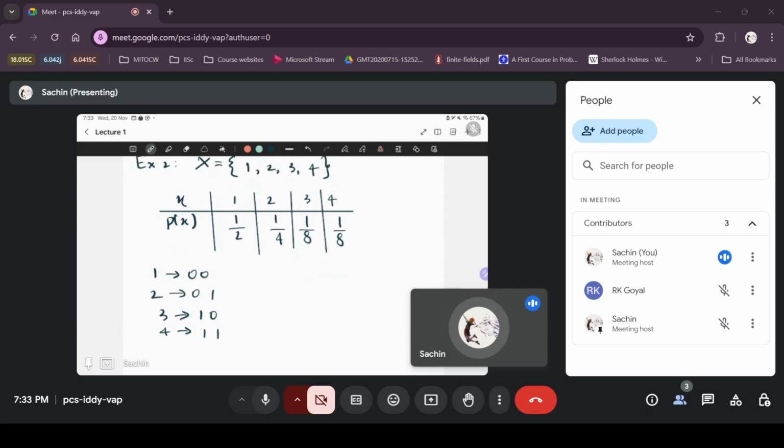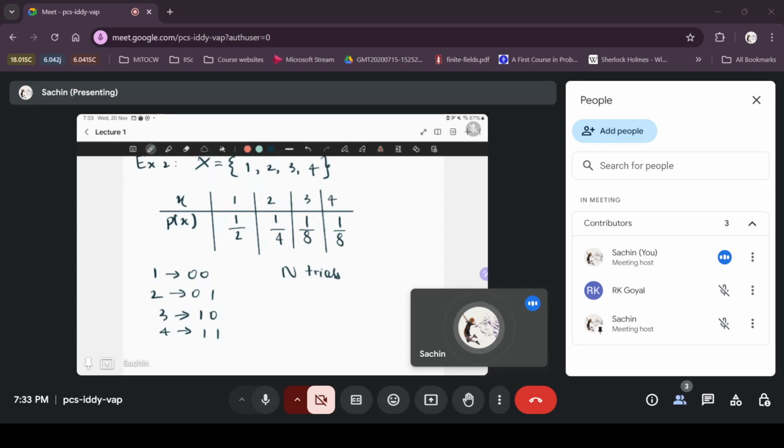But suppose you have n symbols, n values, or you could say n trials of the experiment. So you repeat the experiment n times. Each time the random variable will take a different value. If you take this as tossing a tetrahedral die, then if you toss it n times, you will get n different values for the random variable.